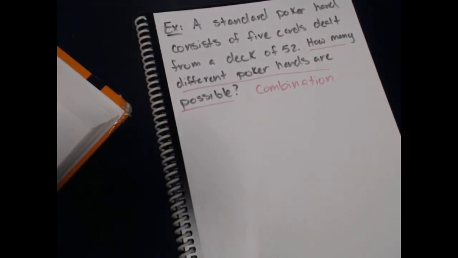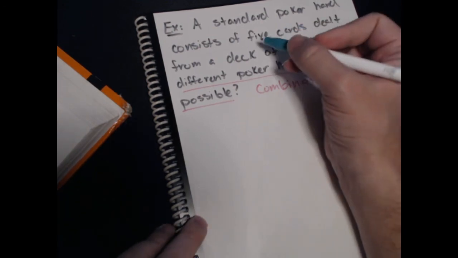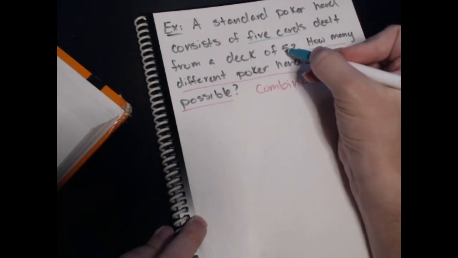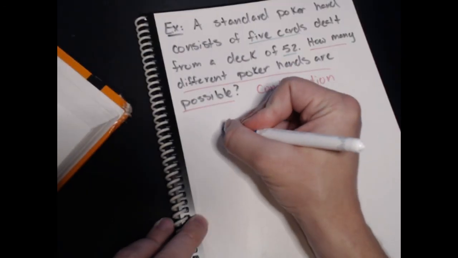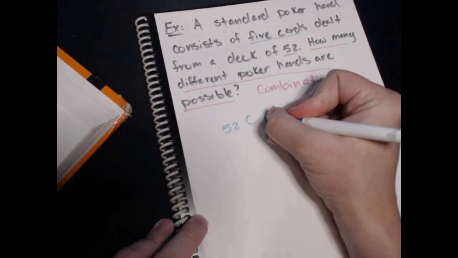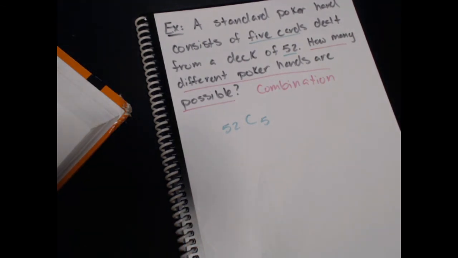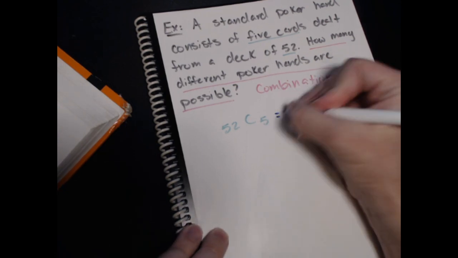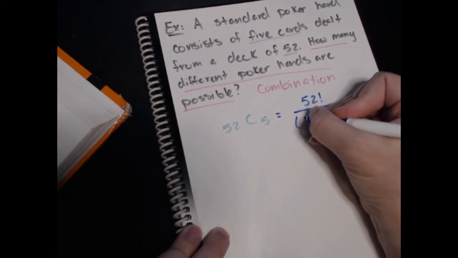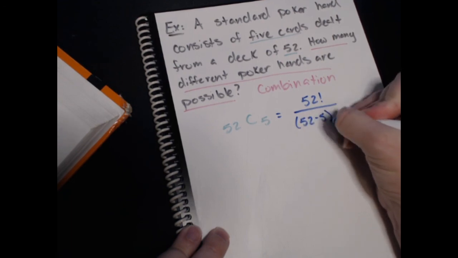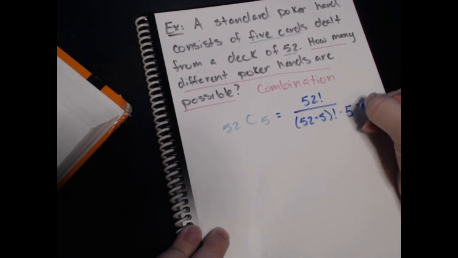Now, you have to think about your hand consists of 5 cards, and there's 52 cards in total, right? So really you're doing 52 cards in total for the combination of 5. Does that make sense to everybody? All right. So you do 52 factorial over your 52 minus 5 factorial times 5 factorial.